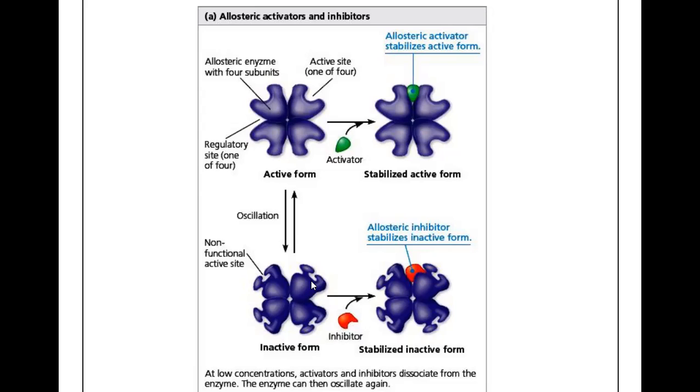When the allosteric enzyme comes to the inactive form, to stabilize it in the inactive form, who should be connected to it? An inhibitor. Are you clear regarding allosteric activation and allosteric inhibition? Good.